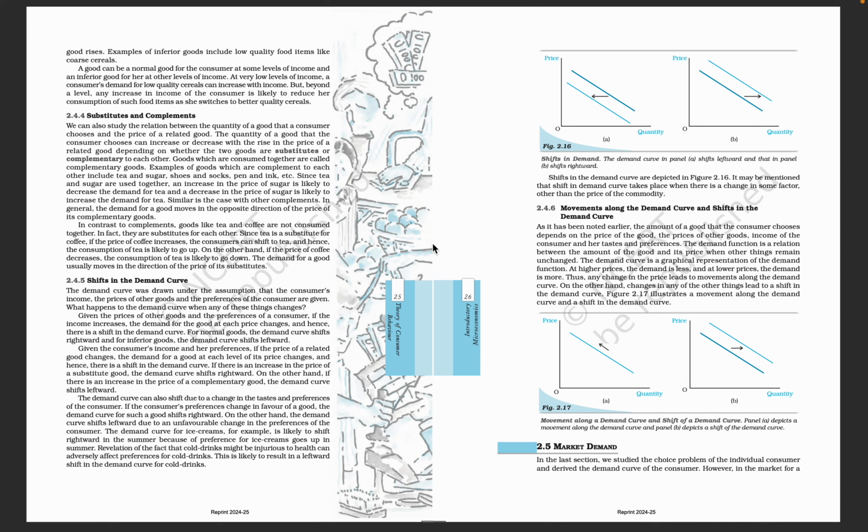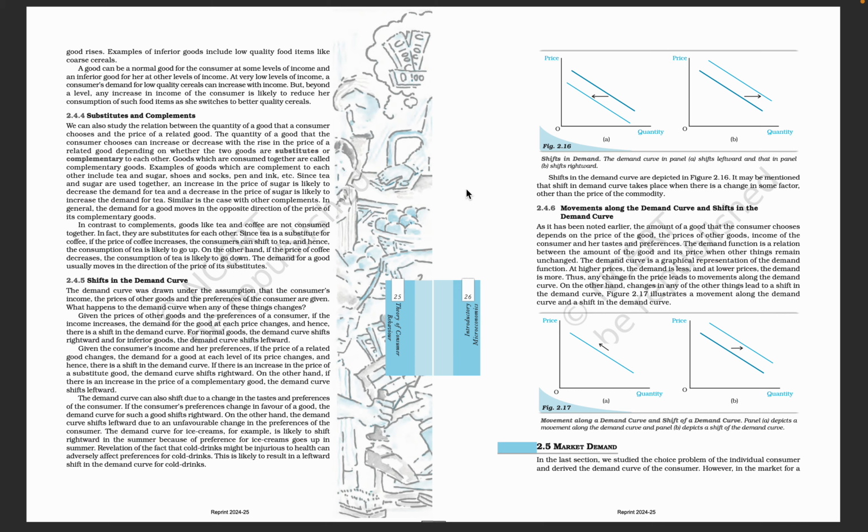The demand curve can also shift due to a change in the taste and preferences of the consumer. If the consumer's preferences change in favor of a good, the demand curve for such a good shifts rightward. On the other hand, the demand curve shifts leftward due to an unfavorable change in the preferences of the consumer.